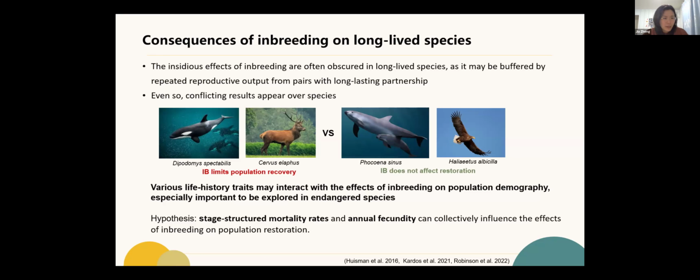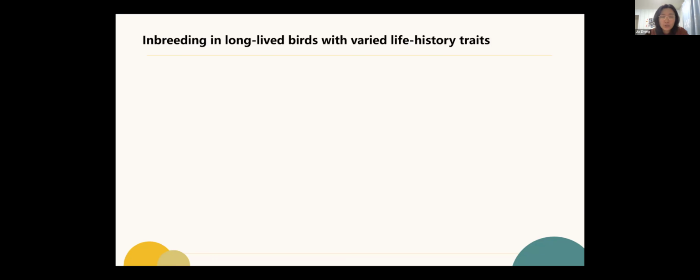And so here I raise a hypothesis that the stage-structured mortality rates and annual fecundity can collectively influence the effects of inbreeding on population restoration. In this study, I mainly focus on long-lived species with varied life history traits, long-lived birds.